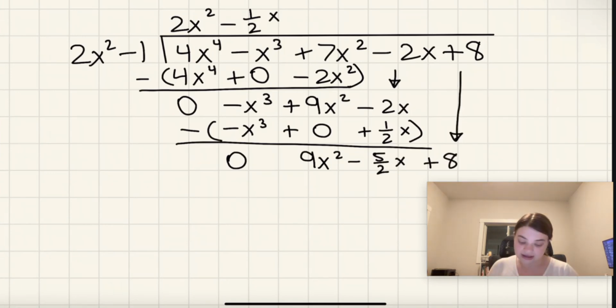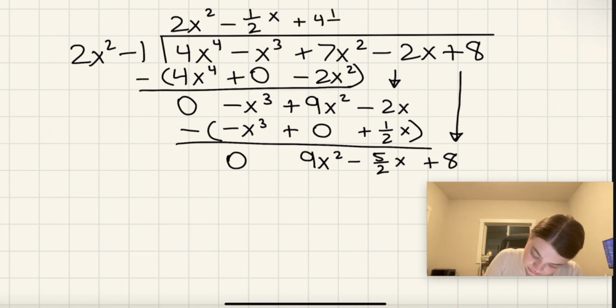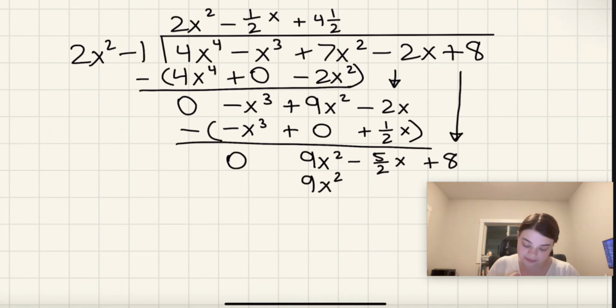Okay, how many times does 2x squared go into 9x squared? Well, 4.5 times. And 2 times 4.5 gives us 9. And x squared just stays on as well. And then we have to multiply negative 1 by that as well, so minus 4.5.